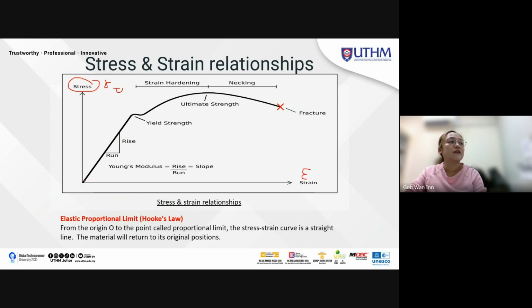When you have the stress increment and the strain increment, you're going this way, and the Young modulus is this slope. We call it E. It's equal to the slope, the rise over the run.